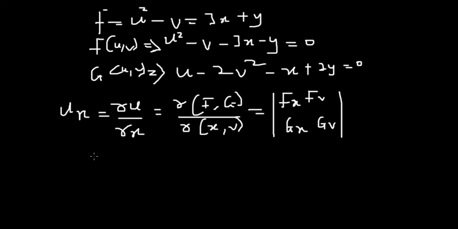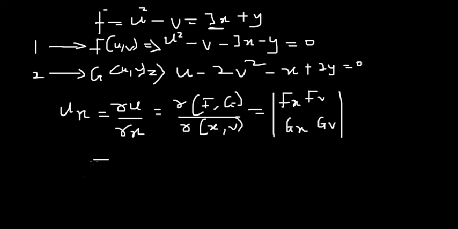So this is what I mean. You take the partial derivative of F of u. After that, take that for F of v, F of x, F of y, and then you continue from G of u, G of v, G of x, G of y. That's what I mean. So let's start from here.